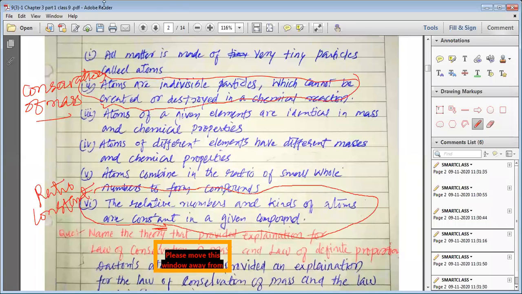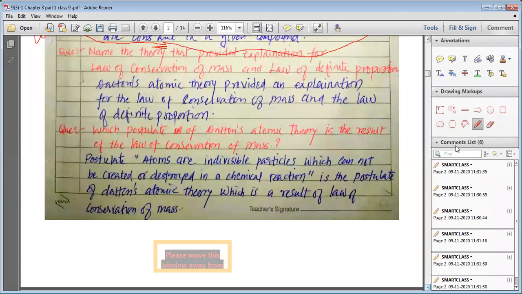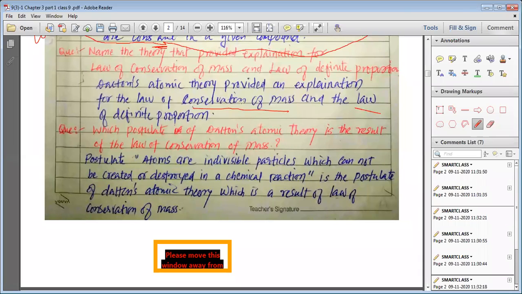So this is how, my dear students, we truly understand that Dalton's atomic theory tells us about the law of conservation of mass as well as the law of definite proportion. So we can easily understand both laws through Dalton's atomic theory.